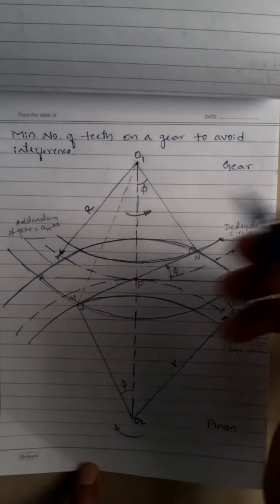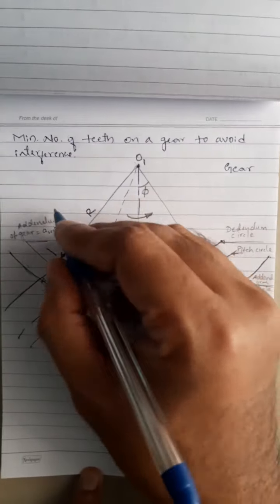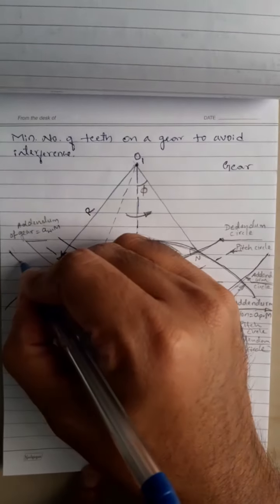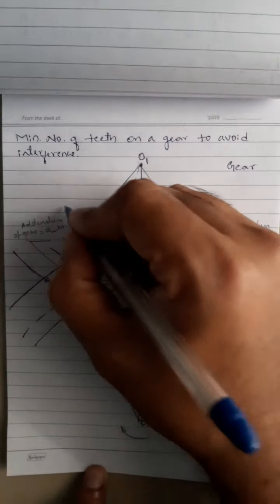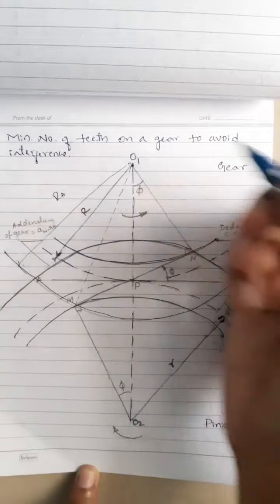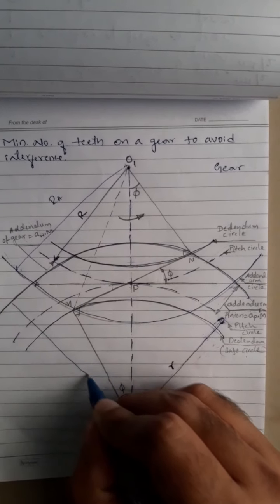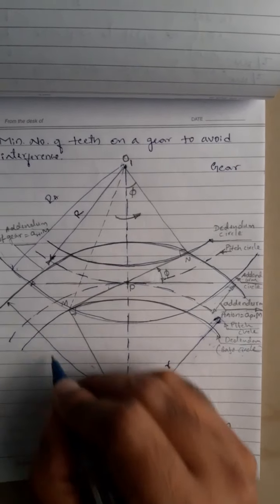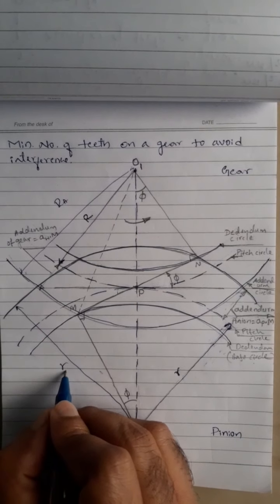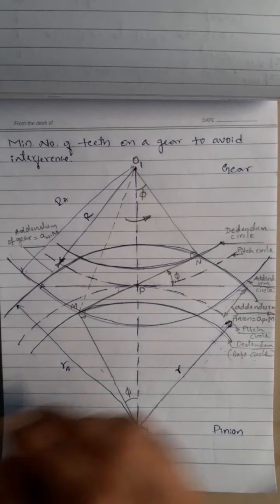And we know that the addendum circle radius of the gear, we can give as RA, and similarly for the pinion, small ra as the addendum circle radius.